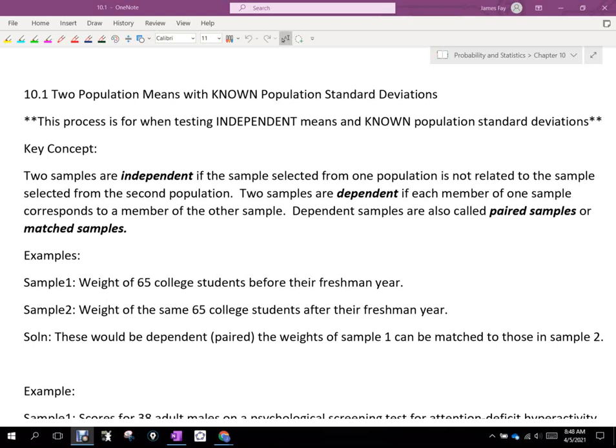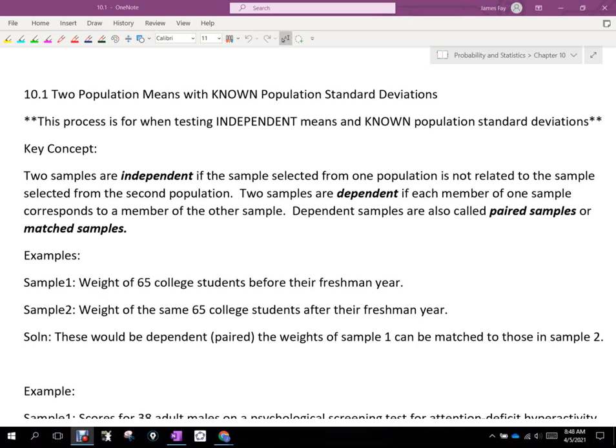Or as a medical researcher, we say these people are only getting the placebo, these people are only getting the actual medication, and they're not going to cross over. So two samples are independent if the sample selected from one population is not related to the sample selected from the second population.